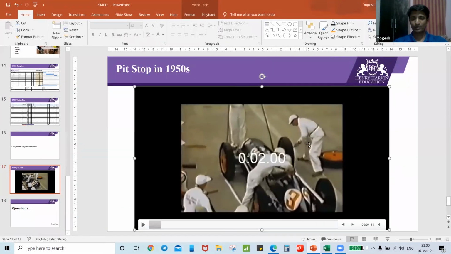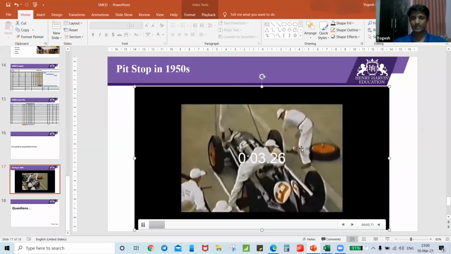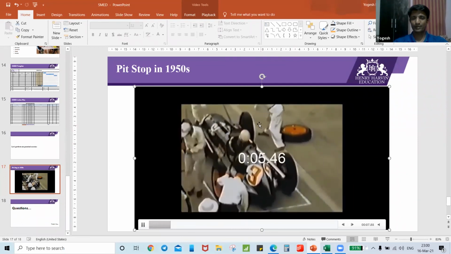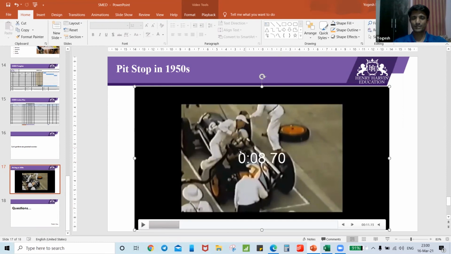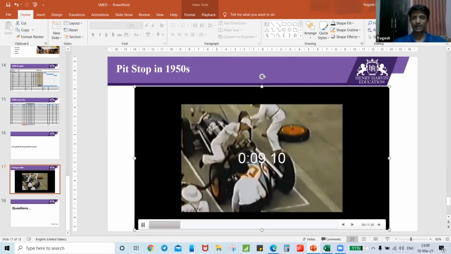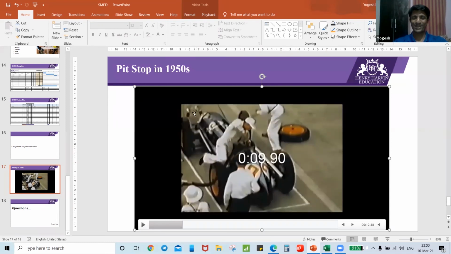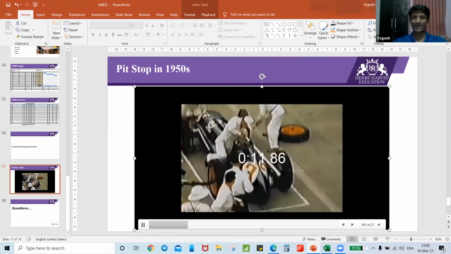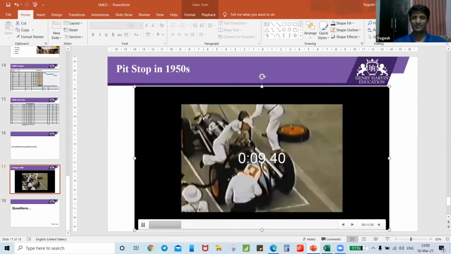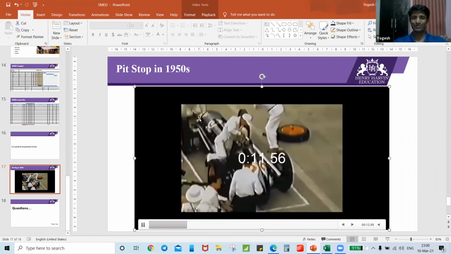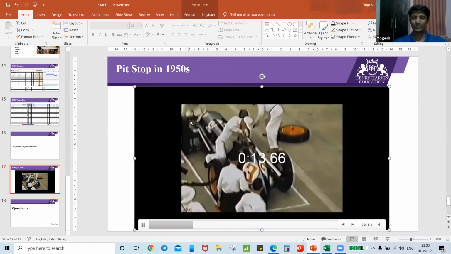See, now operator 1 is taking a hammer and has started hammering the bolt, or whatever it is. He continues doing that. See, now this person is filling the petrol here, and see what this guy is doing, trying to lift the car. He was putting all his weight on the jack. See this. It is not easy to lift. He was trying to put all his weight, and then only he is able to lift it.